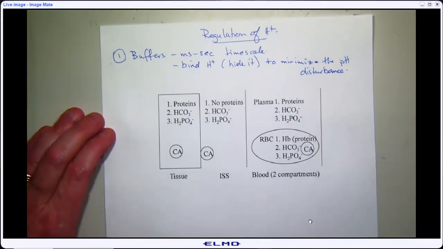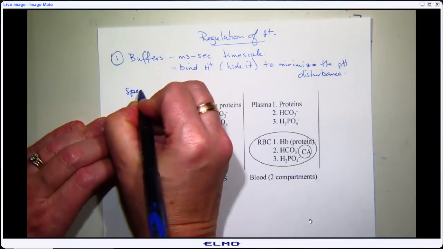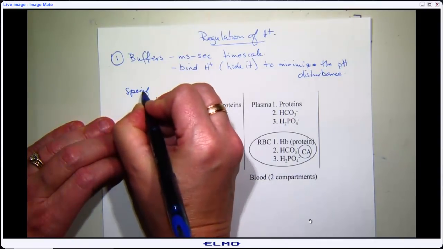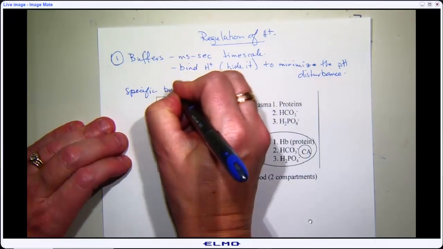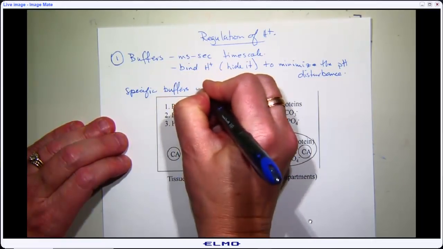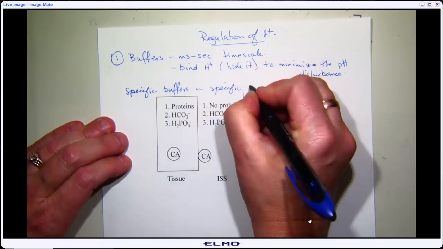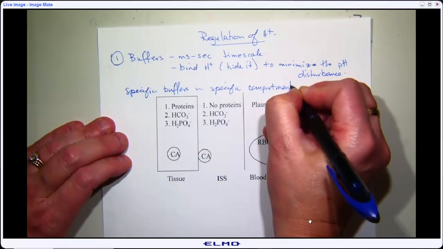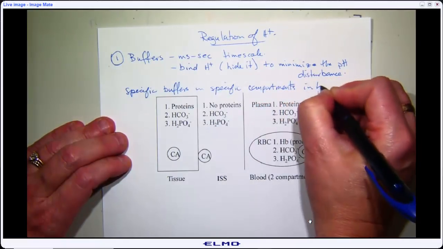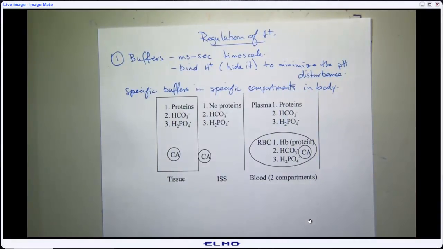So we have specific buffers in specific compartments in the body. Not all buffers are all places.